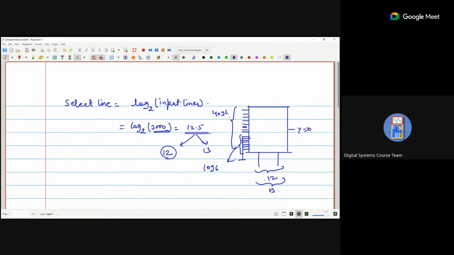Why? For example, if the selected input is 4095, we know that 4095 is grounded, so the output is 0. Only 3000 inputs are usable and the remaining lines are connected to ground. So we always choose the higher number of select lines.